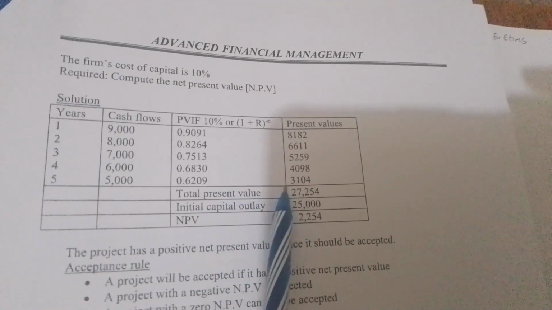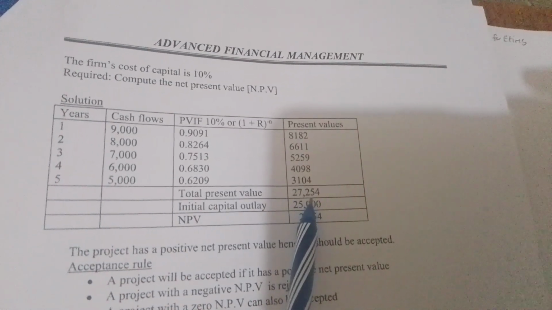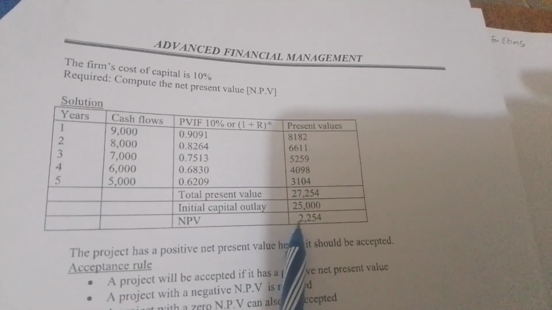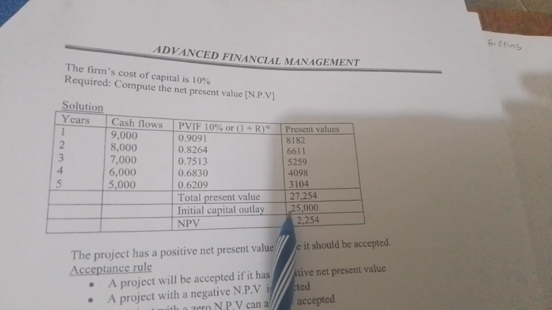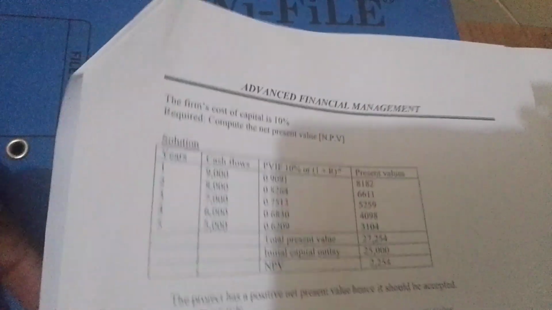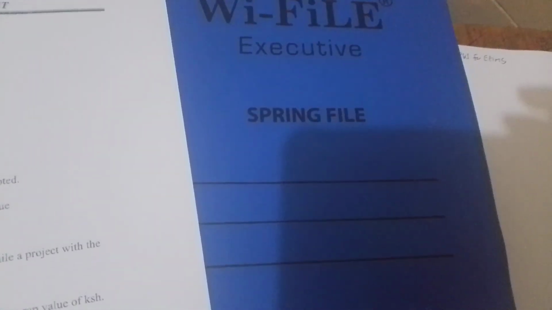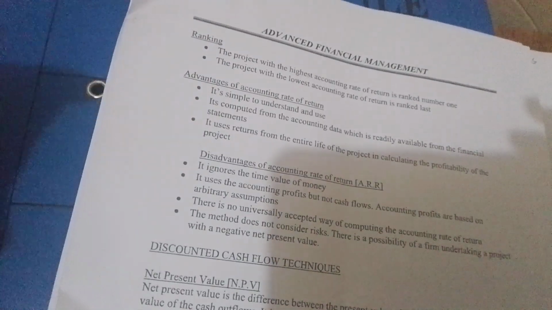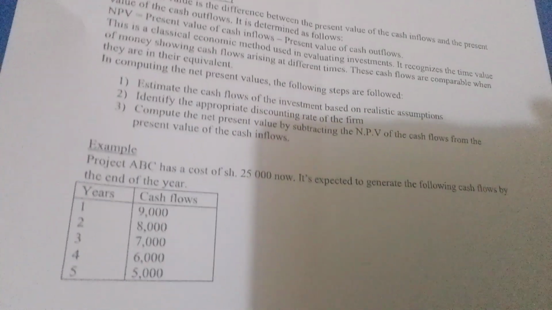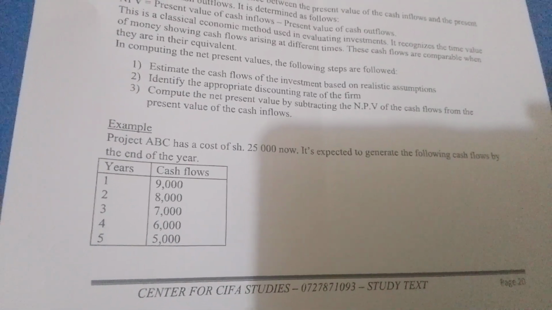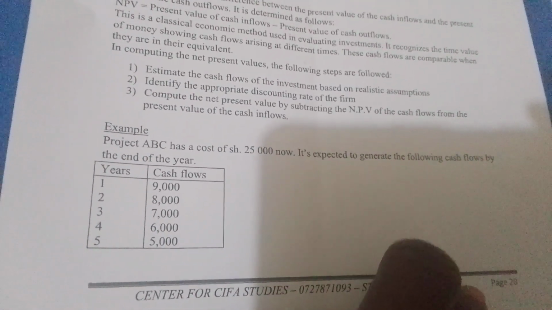So total present value, which is 27,254, you minus 25,000, you get 2,254. So the 25,000 is from this point here, that you have been told that project ABC has a cost of shillings 25,000.